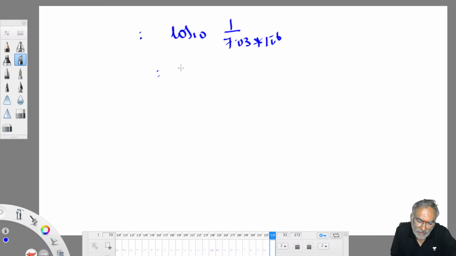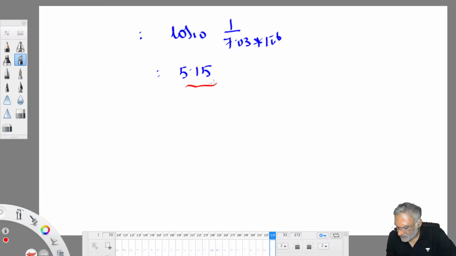I got 5.15. The calculation took me a little time, but this is how we have to work it out. Hope it is clear to you.